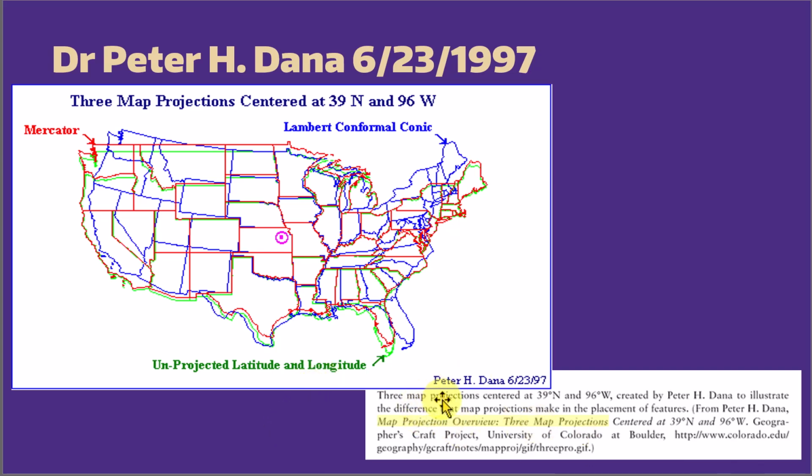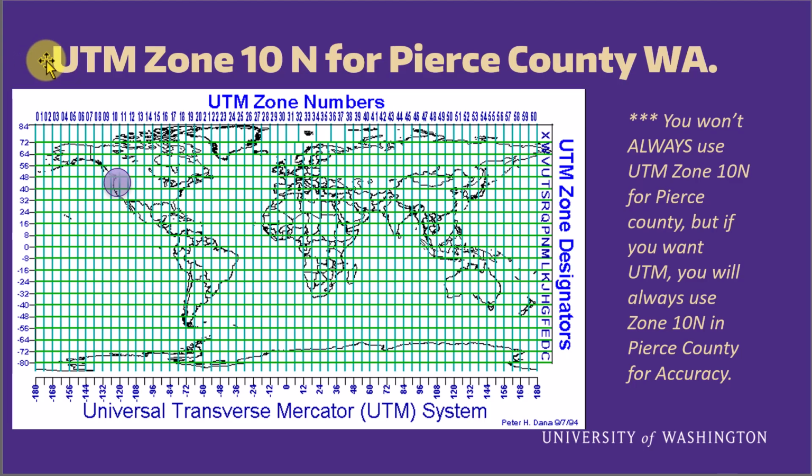This is all spelled out here by Peter H. Dana, by the way. Here's a coordinate system that we use for Pierce County, Washington. It's called UTM Zone 10N. So this is the Universal Transverse Mercator System. We are in grid 10 because 10 intersects Washington.